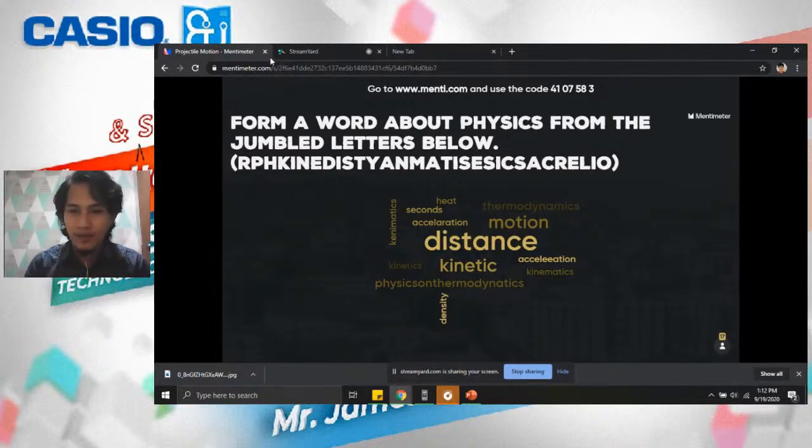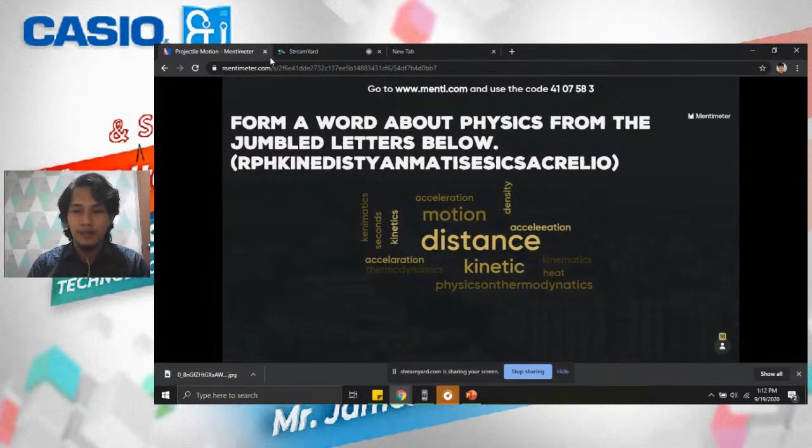Sige. So last 3 siguro. Okay? So these are the words that we are going to use later on. So most of the words that we are here are related to our topic. Okay? Yan. Last two.